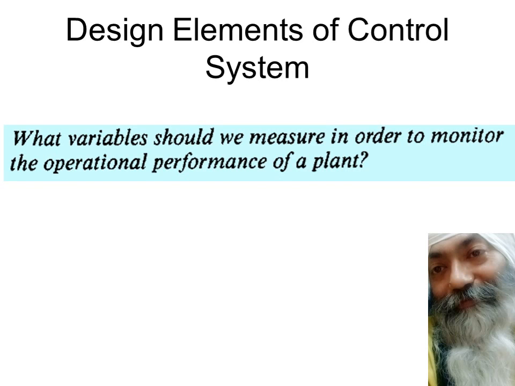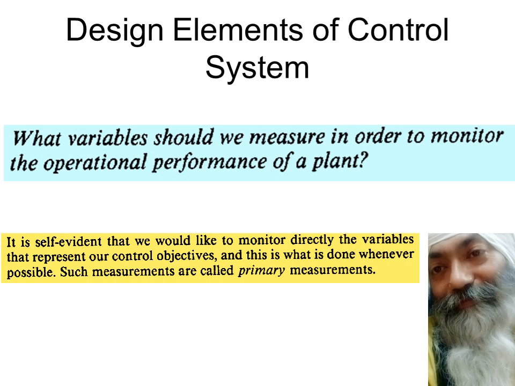The second question is: what variables should we measure in order to monitor the operational performance of a plant, how the plant is performing? It's very evident that we'll try to monitor directly the variables that represent our control objectives. This is what is done whenever it's possible, and these measurements are called primary measurements.